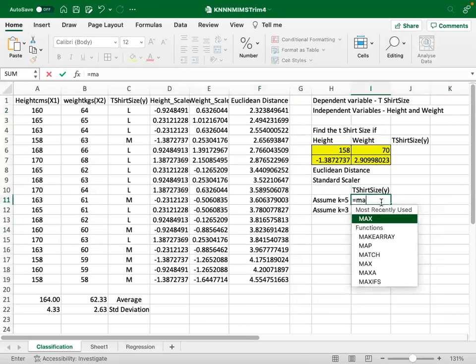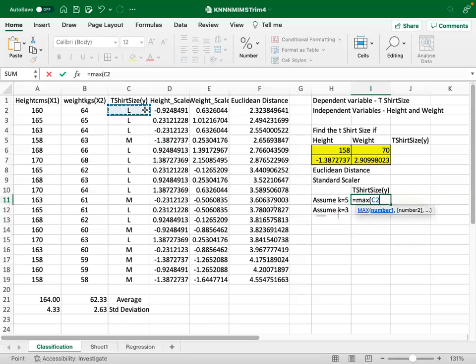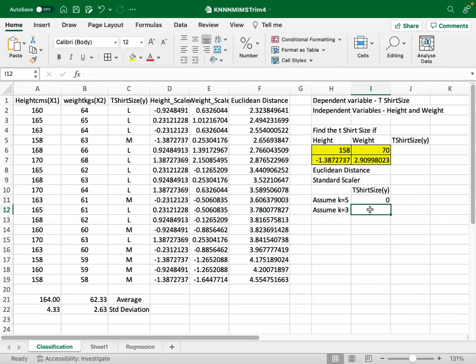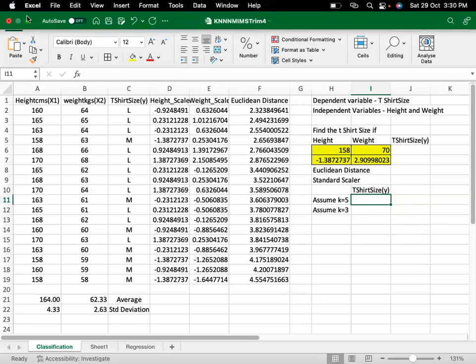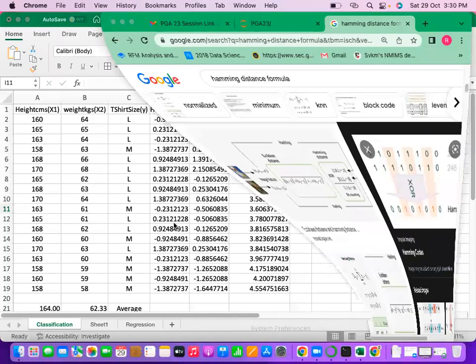Is equal to max of character. How will we get the character max? Most frequent string in Excel.